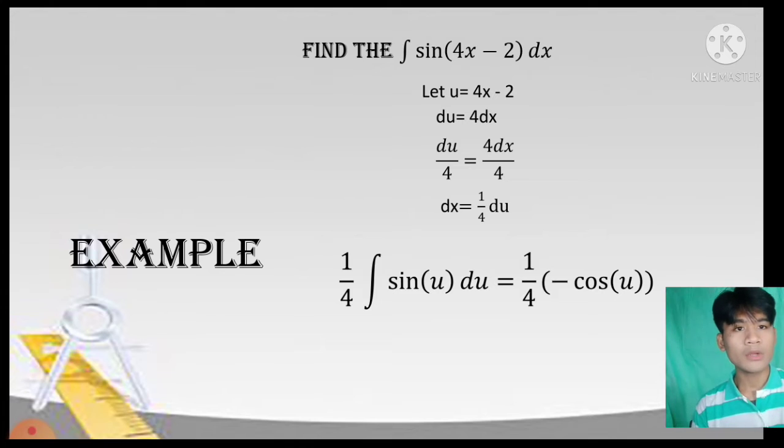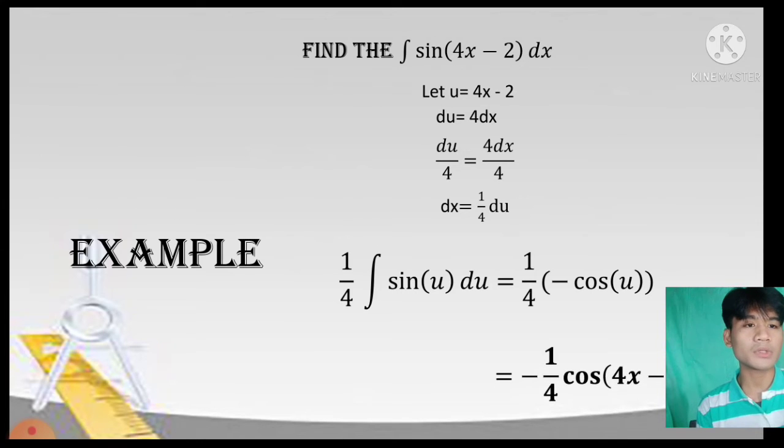We take out 1/4 as the value of our dx. We have 1/4 du, we just factor out 1/4, and then sine u, where u is 4x minus 2. So we come up with 1/4 multiplied by negative cos u, since it is the antiderivative of sine u du.